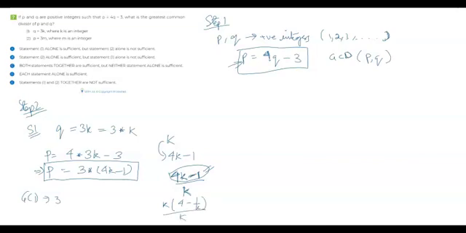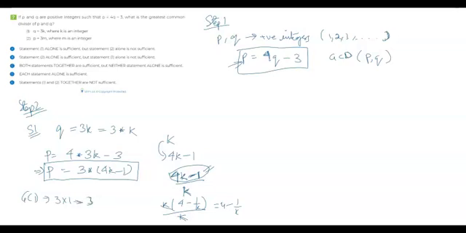So even if you want to cancel it, K has to be 1, K cannot be anything else. Then only you'll get an integer here. Otherwise you won't get an integer, right? If you are left with 4 minus 1 by K, then K has to be 1. And if K is 1, then obviously the GCD would be 3 times 1, which is again 3. So that's not a problem for us at all, because the GCD is still 3.